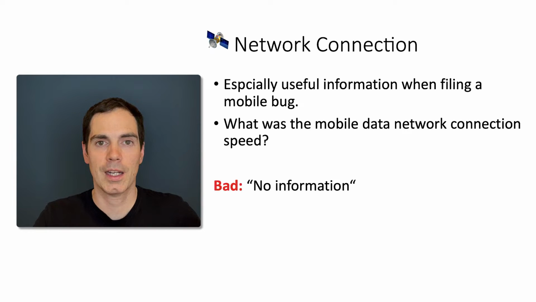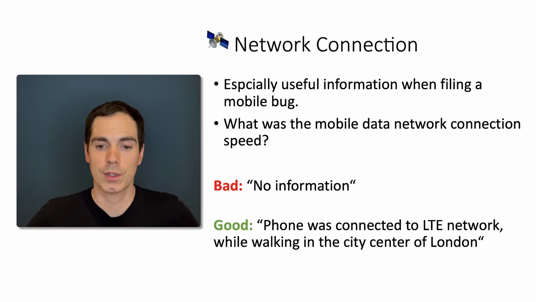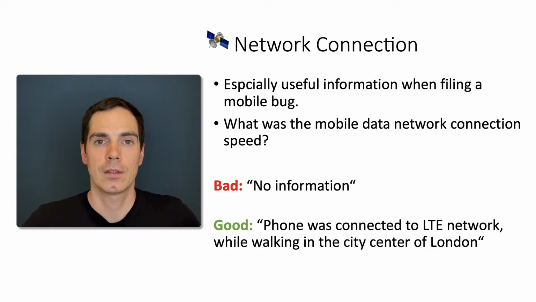A bad one is again no information at all. A good example was: the phone was connected to an LTE network while walking in the city center of London. This is meaningful and helpful information to already think about the issue, also in case it can't be reproduced all the time. It might be related to network speed.